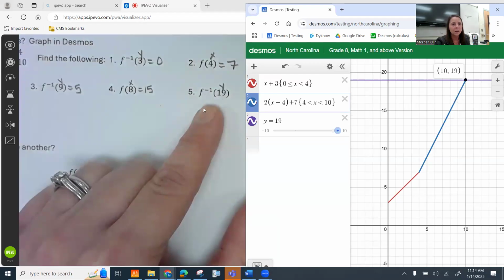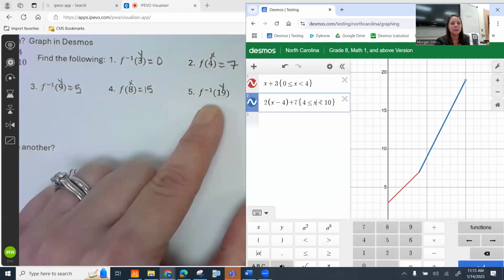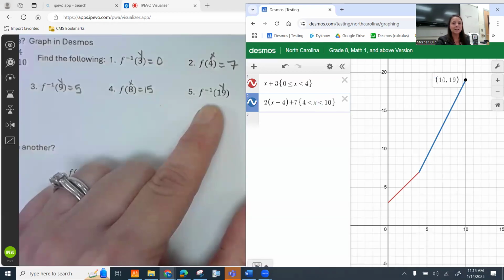Okay, right there. But here, we actually have to be very careful. All right, I know it came up with a point, but let's make sure the y actually, especially right here at the end, can I get that at the end? No, I can't. Now, I do see it says 19. Here's my issue right here. Do you see this right here? All right, that is not equal to 10. So, but this is kind of misleading because it says it equals 10.